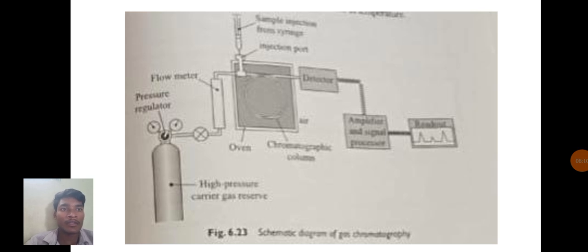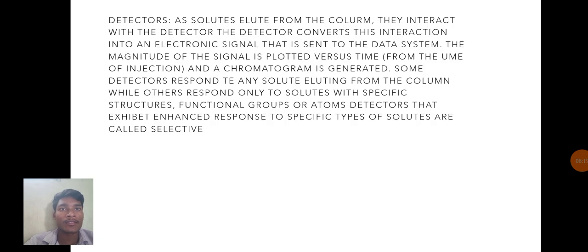And next one, detectors. As solutes elute from the column, they interact with the detector. The detector converts this interaction into an electric signal that is sent to the data system. The magnitude of the signal is plotted versus time from the injection, and a chromatogram is generated.